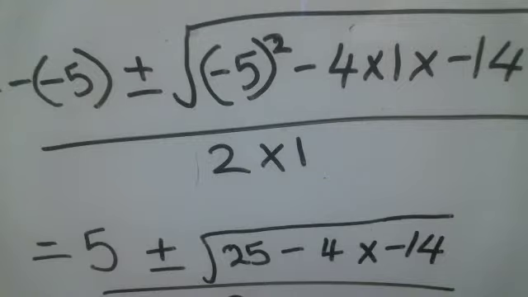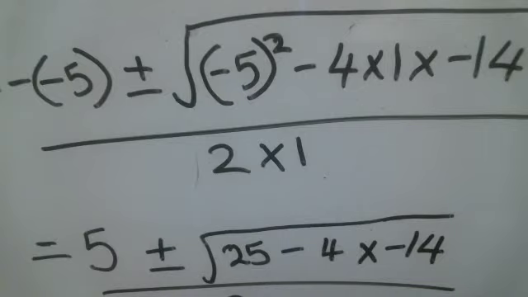So we have x is equal to minus 5 in brackets plus minus square root of minus 5 squared minus 4 times 1 times minus 14, divided by 2 times 1. Okay, let's solve. Minus times minus 5 will give us plus 5.